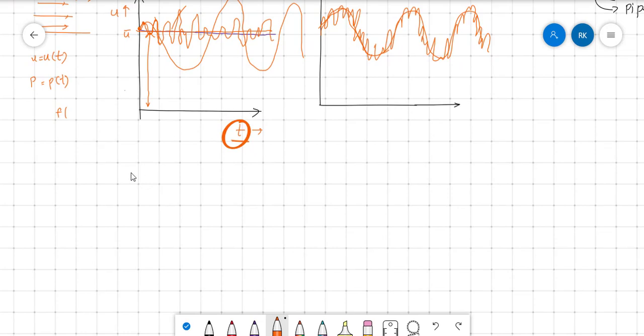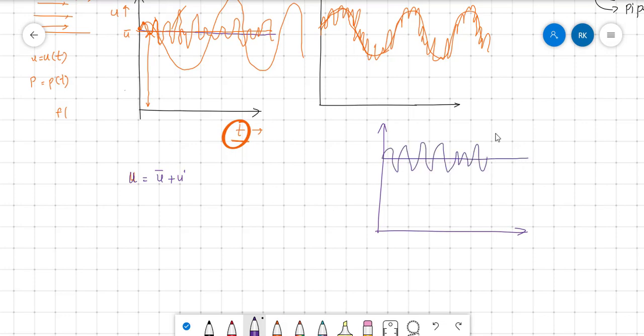So this velocity can be represented as u bar plus u dash. What is u dash? There is fluctuation like this about this mean value. This is the fluctuation, called u dash.